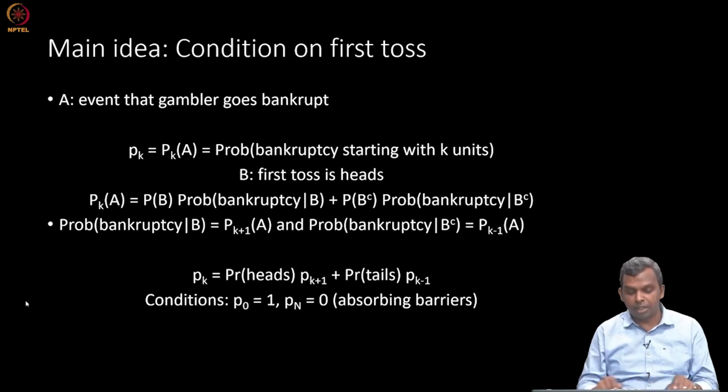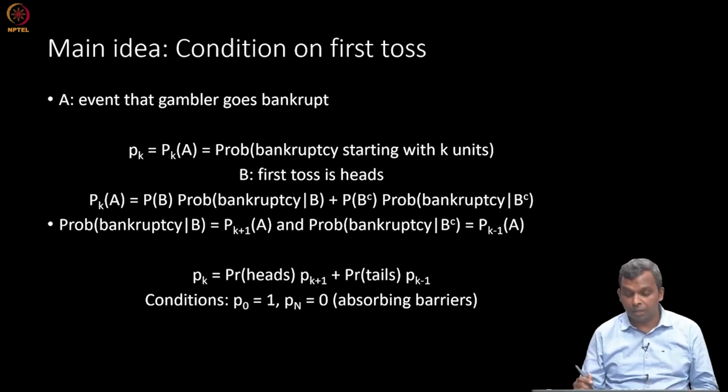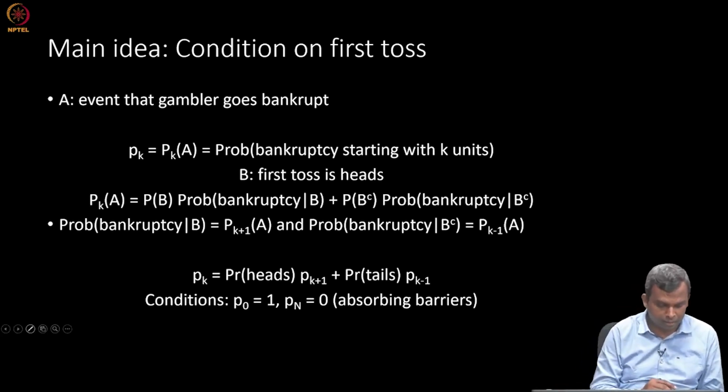Okay, and what is that equation? It's the same equation written again here. Pk is probability of heads times pk plus 1 plus probability of tails times pk minus 1. So hopefully you can see that here.